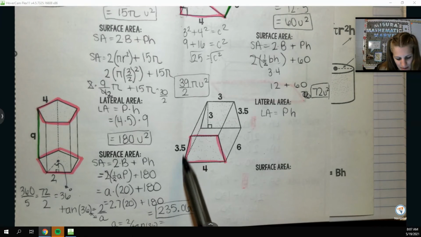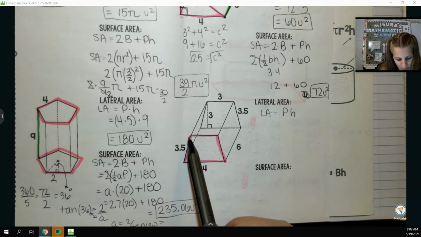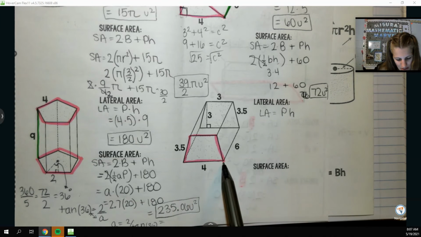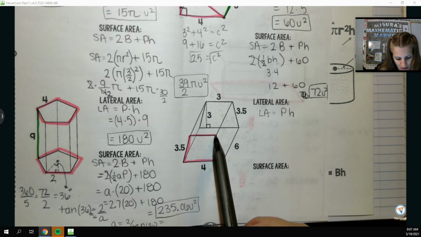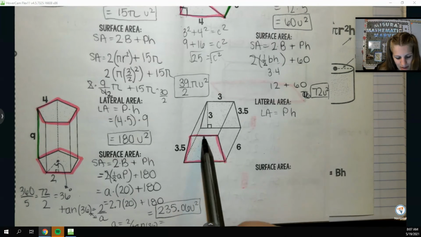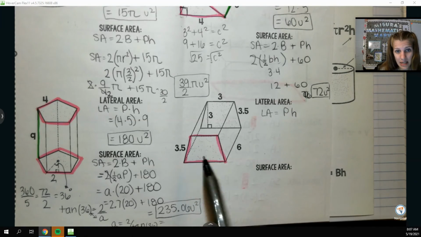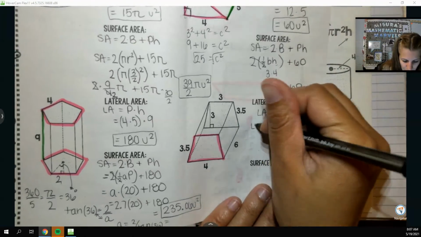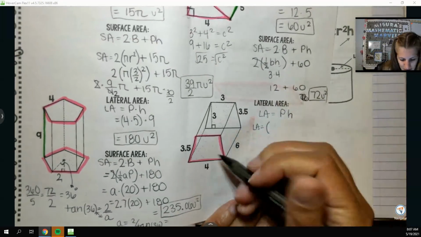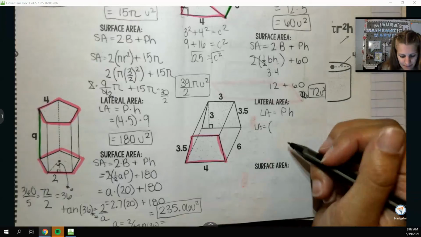So when I look at this trapezoid at the front, I can see that one side is 3.5 and the other side is 4, but then they didn't label this one or that one. But they did label them back here, and the parallel bases are congruent. So when I'm finding this perimeter, I kind of have to look at both bases to get all the sides.